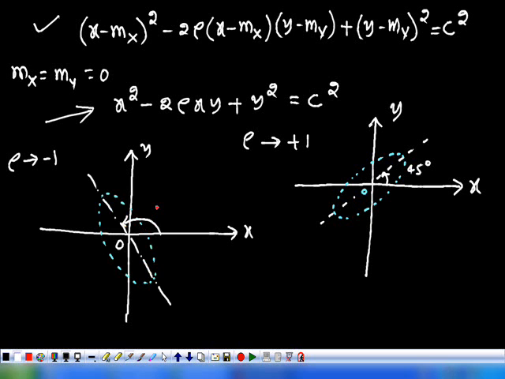This angle is equivalent to this, so that is the difference.